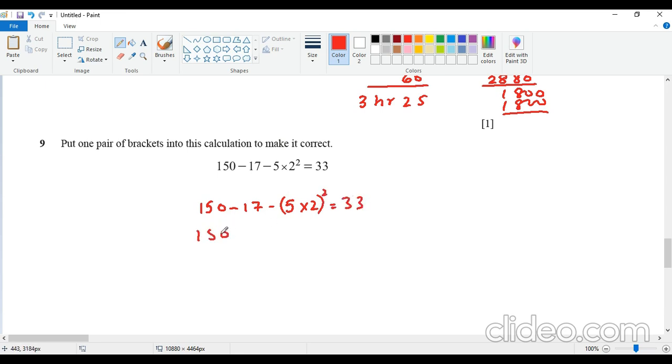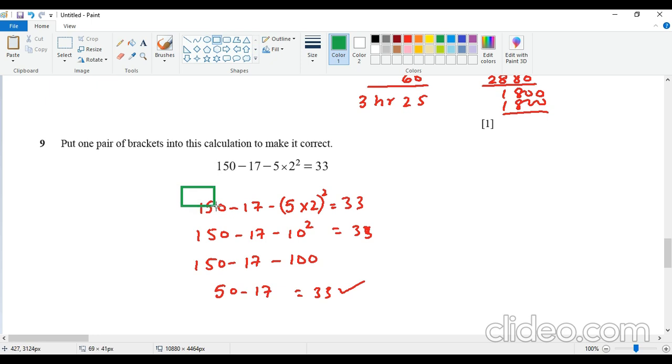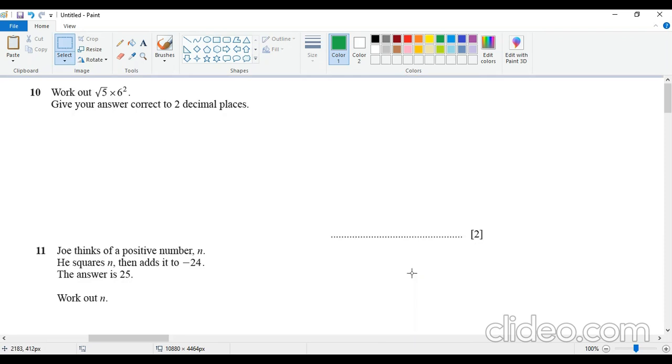That means 150 minus 17 minus 10 raised to power 2, which is going to be 100. So 150 minus 100 is going to give us a 50, minus 17 is going to be 33 is your answer. So your answer is something like this. This is your correct answer, and you'll get full marks for it.